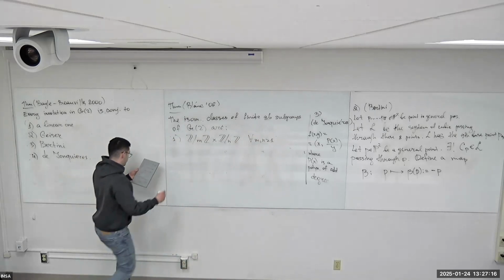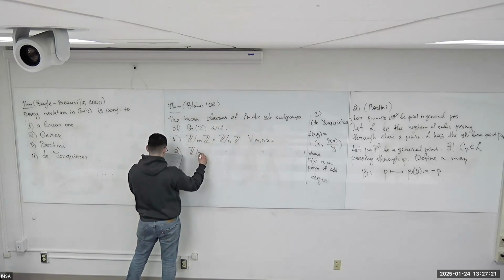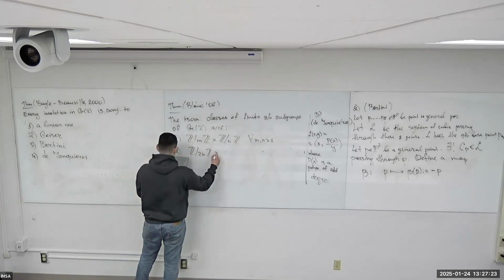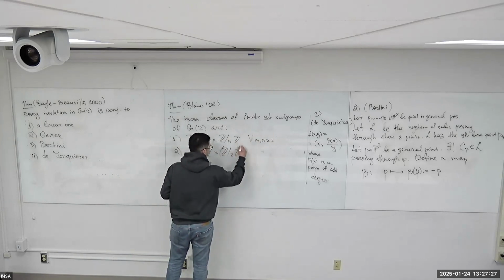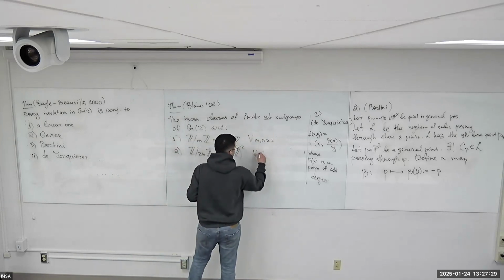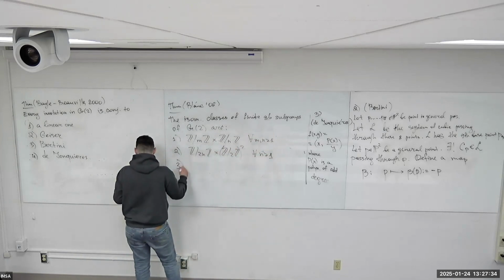Well, that one is easy. Then Z/(something odd) × Z/(something even) × (Z/2Z)^2 for n ≥ 1.